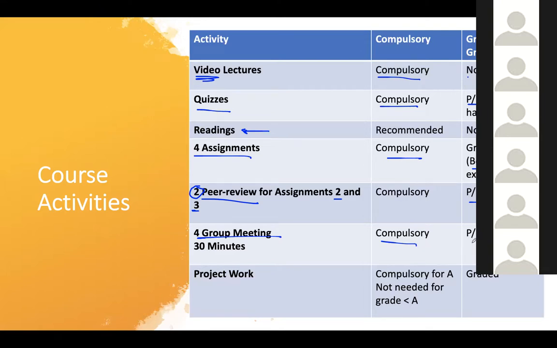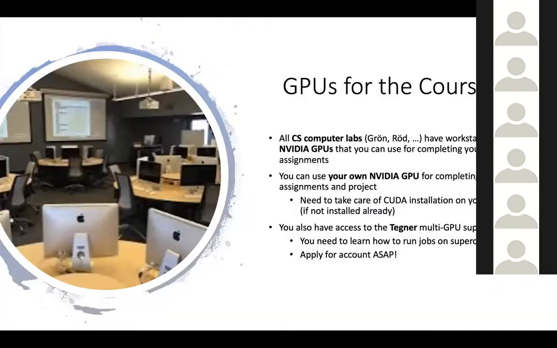You will need to make sure that you prepare before this meeting. And finally, there is the project work that is compulsory if you want to get an A. However, if you are satisfied with the grades, you can get up to B. If you do all the bonus exercises, then the project work is not compulsory.